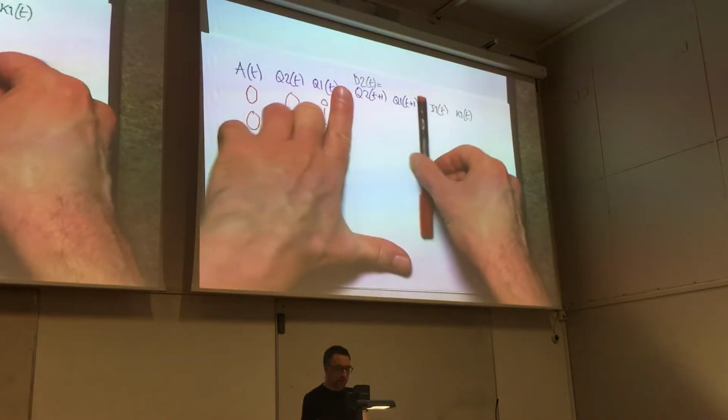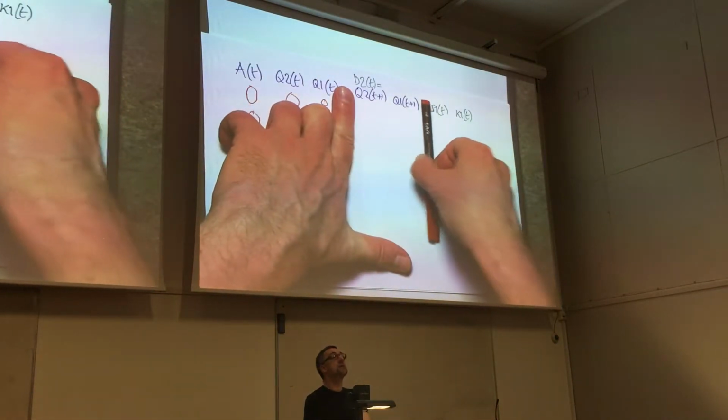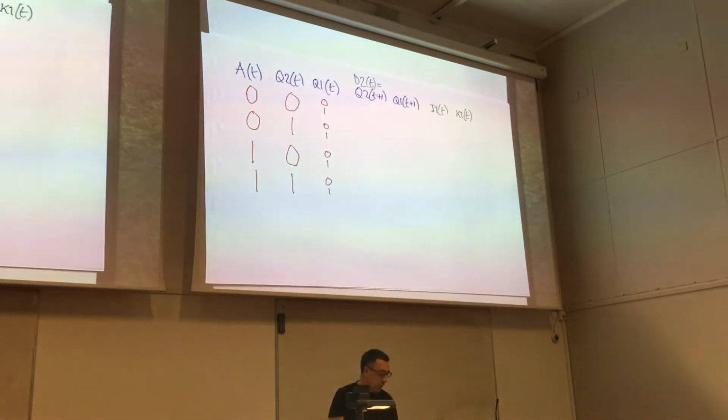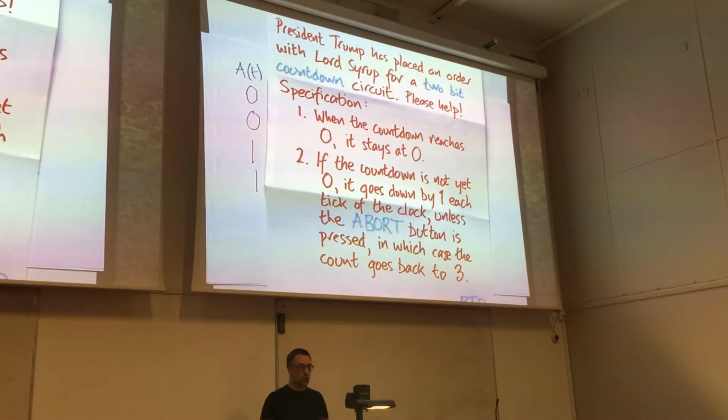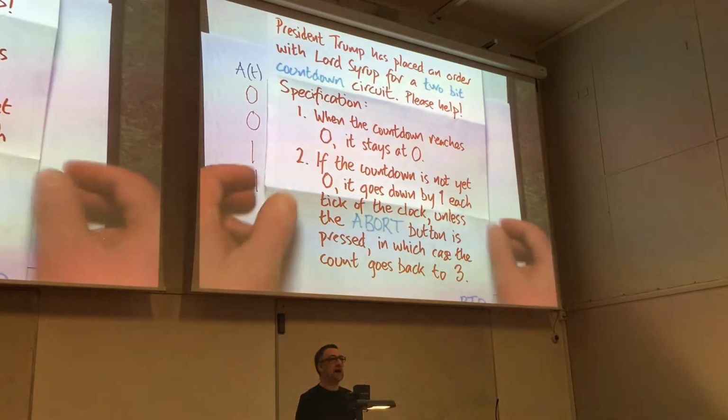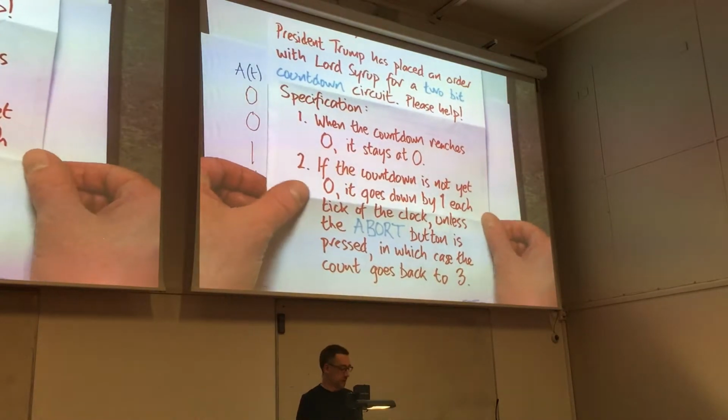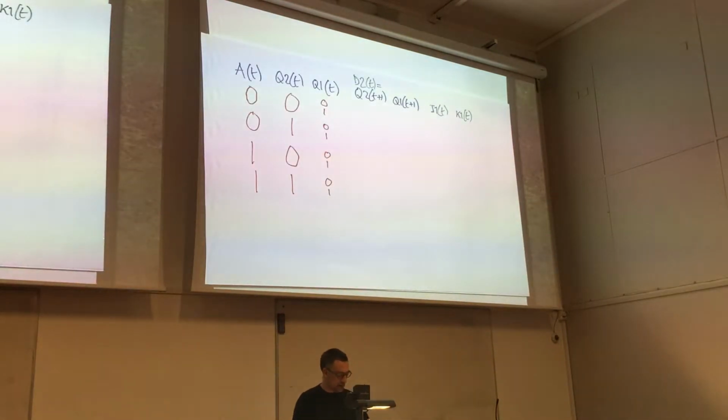Step one is to fill in these two columns just by doing what the rules tell us. So, what are the rules? Rule 1 says when the countdown reaches 0, it stays at 0. What does that tell us about the truth table?